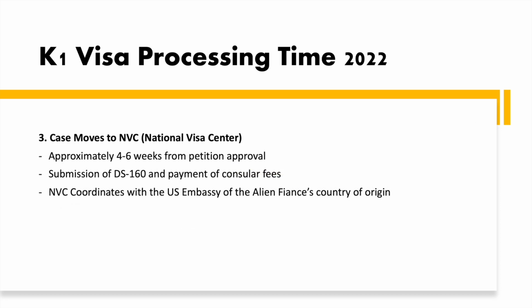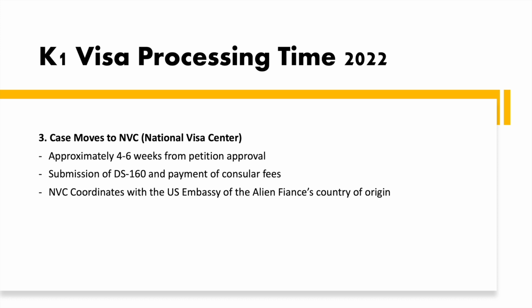After receiving the Notice of Approval, the case then moves to the National Visa Center. It will transition the case to the U.S. Department of State, specifically the USCIS Service Center forwards the case to the National Visa Center, or NVC. NVC may contact the beneficiary for further processing requirements like submitting the visa application, or the DS-160, and payment of consular fees.